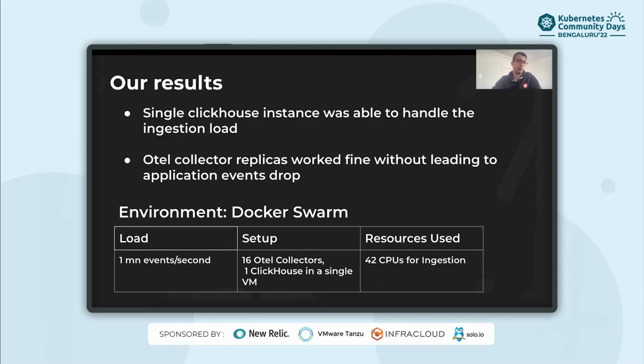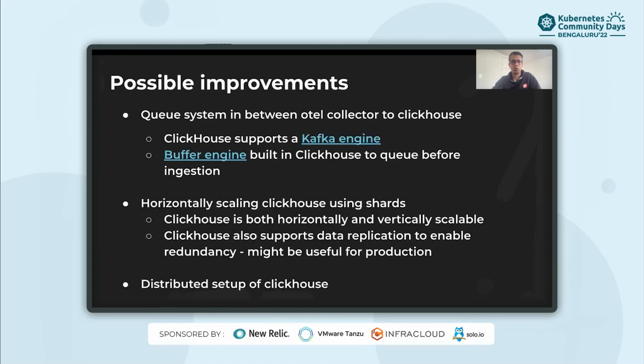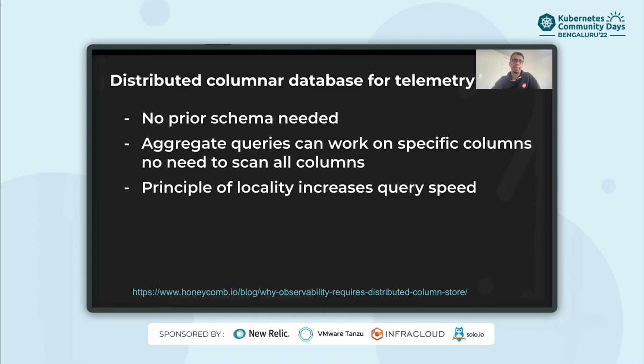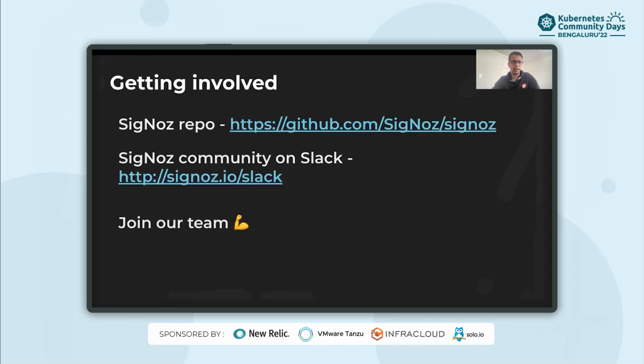And the resource utilization is not very high. Of course, there are many improvements we can work on, but this shows very encouraging signs on how these systems can be scaled and how the next generation of observability tools would look. Yeah, so that's probably where we are.